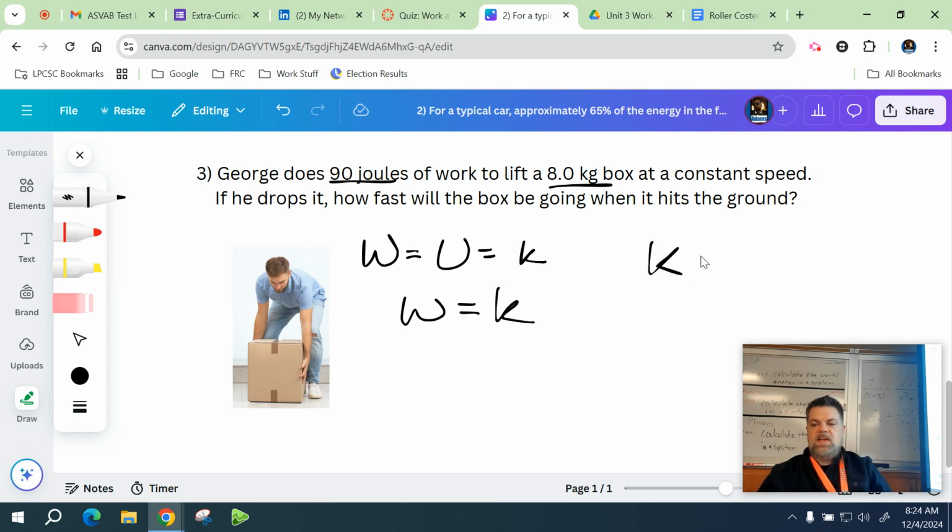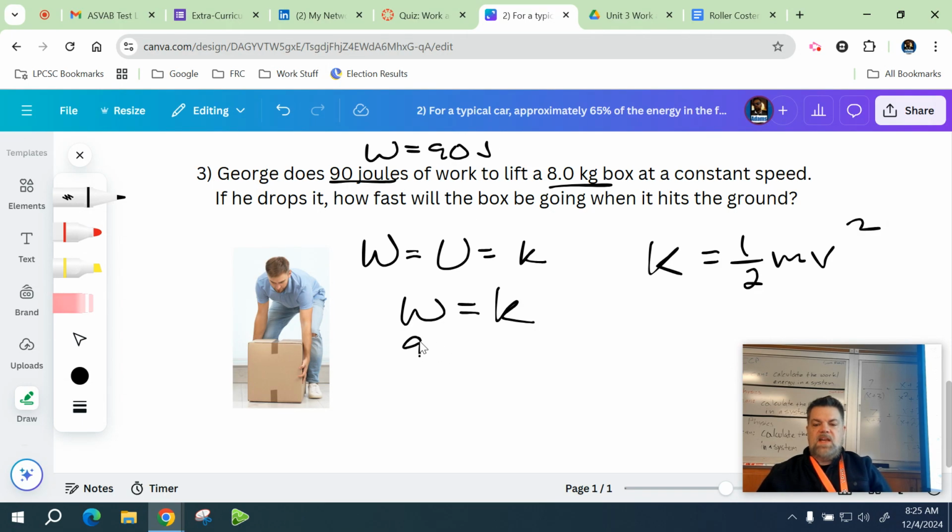But remember that the kinetic energy is equal to 1/2 times the mass times the velocity squared. Okay? Well, they tell us that the work that he did was equal to 90 joules.